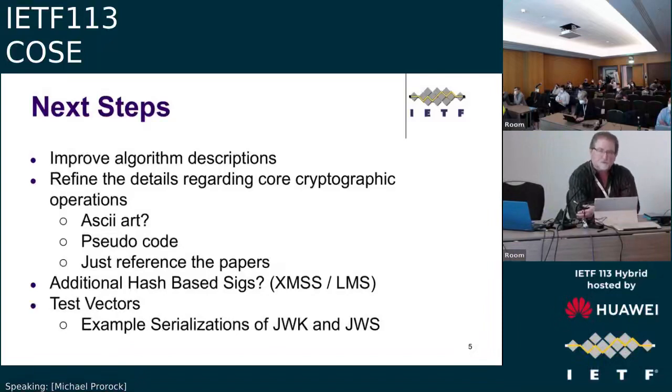For right now, we're just pointing back to the papers, and that may just stay that way. Based on feedback on the list, we are looking a little broader at some other hash-based signature approaches, especially some more stateful ones. Then we're getting ready to start into a whole bunch of test vector generation, and into some better serialization examples with both JWK and JWS.